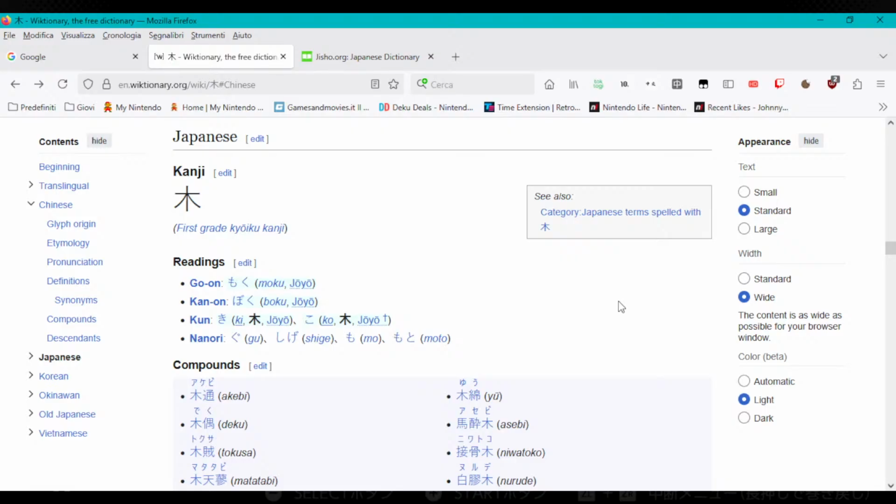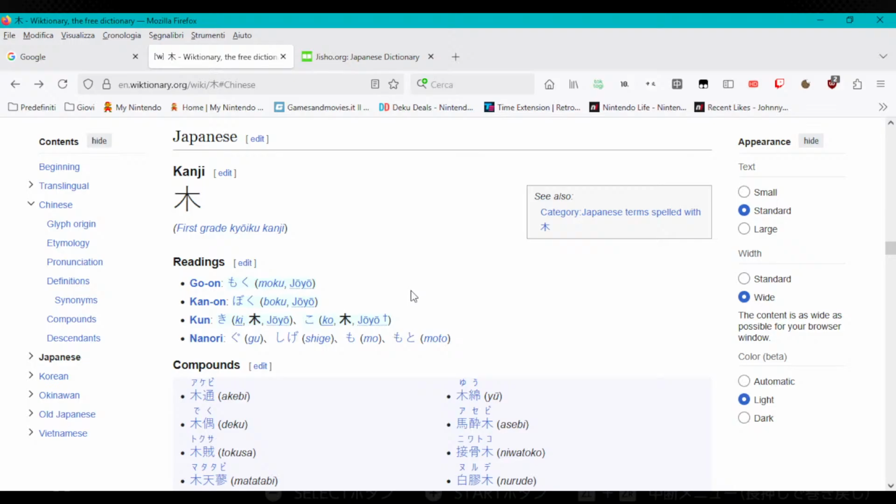And this time, since these are simple kanji, we'll actually study at least some of its pronunciation, so you can start using it. As you can see here in the reading section, they are divided by categories.